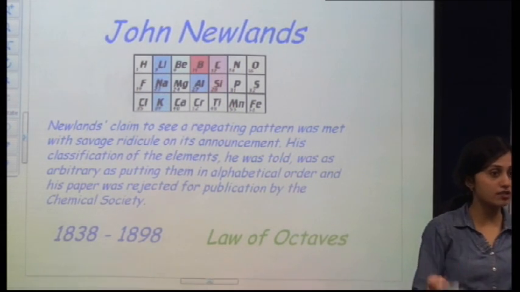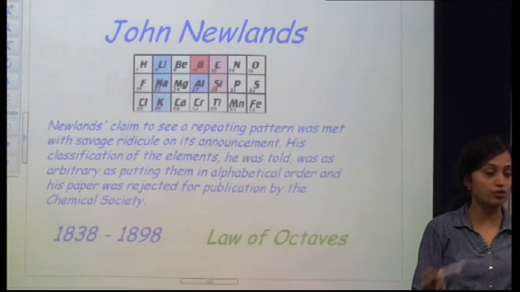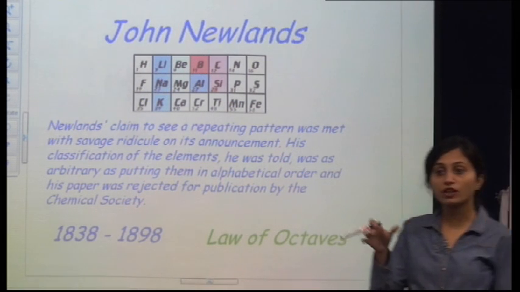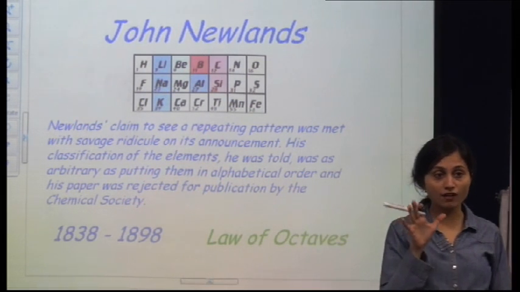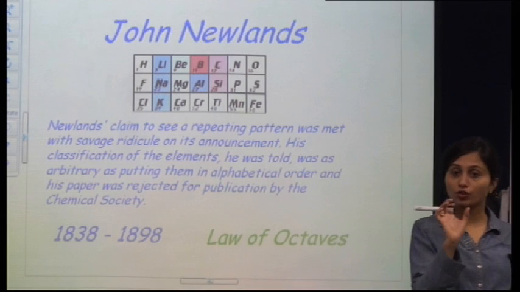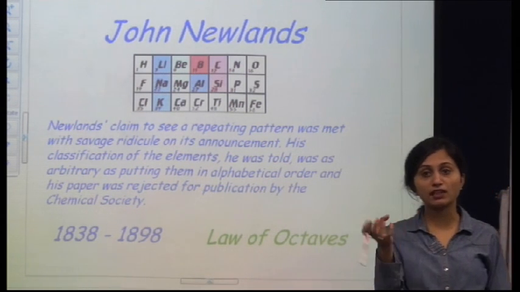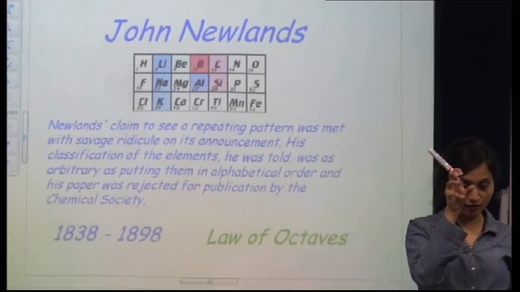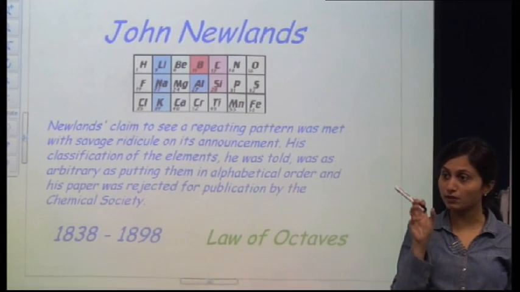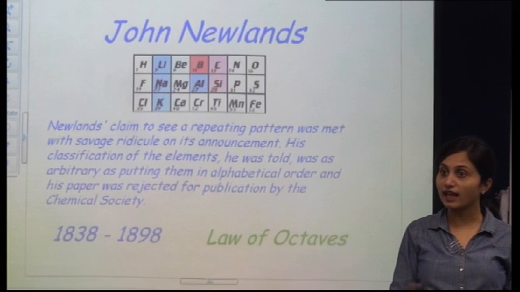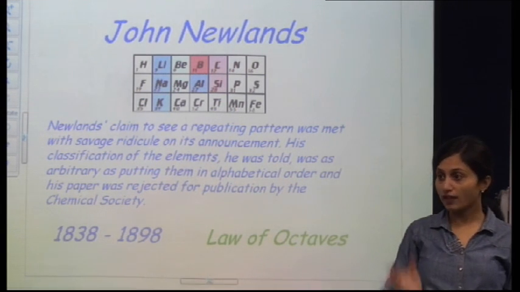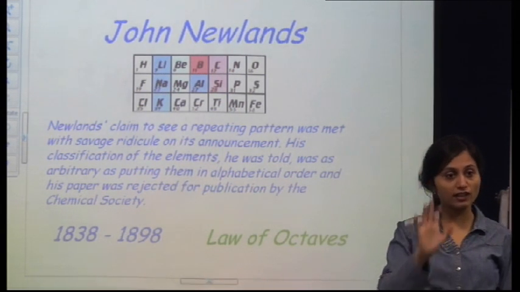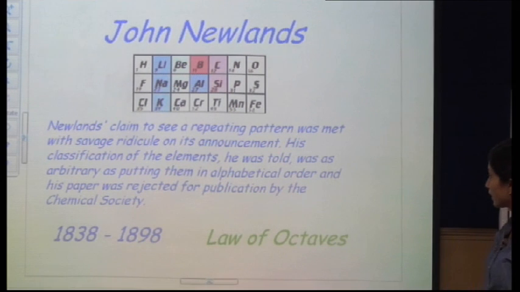There is always a scope for the discovery of newer elements, so there was no place kept for them. Maybe a newer element has its place in between two elements of the periodic table. Then in that case the entire thing gets shifted, right? That kind of an arrangement was not made by Newlands. So that was the law of octaves.